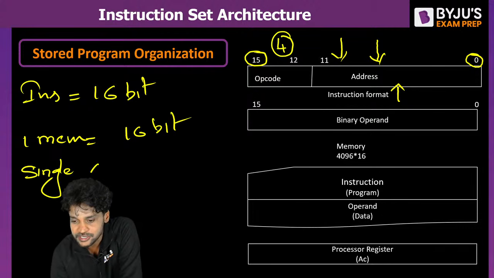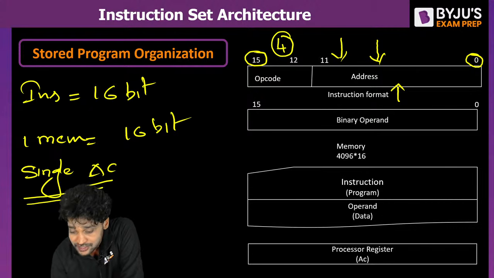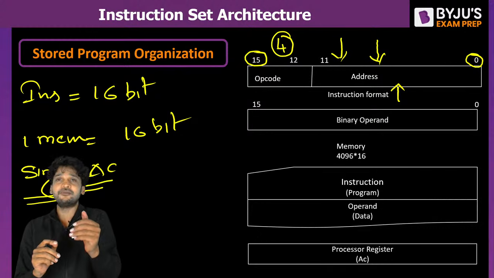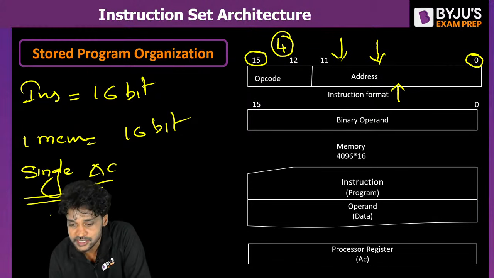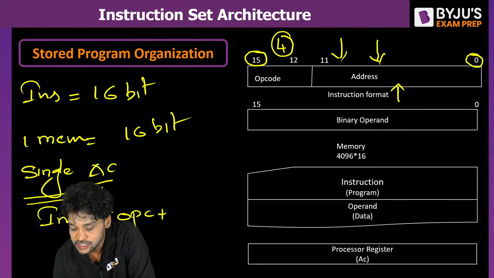What is single accumulator? In the single accumulator organization, we have instructions with only one operand. Every instruction will have only one operand. Any doubts so far? That means every instruction will have one opcode plus one operand.